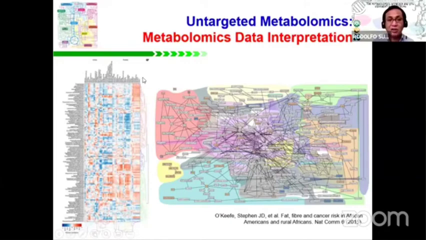Okay, and you can also do heat map analysis so that you can gain insights into the relative expression of these metabolites using heat maps. Now, heat maps are not exclusive to metabolomics. They have been applied for many years in genomics, transcriptomics, and proteomics, but fairly recently, they are now widely applied in metabolomics as well.